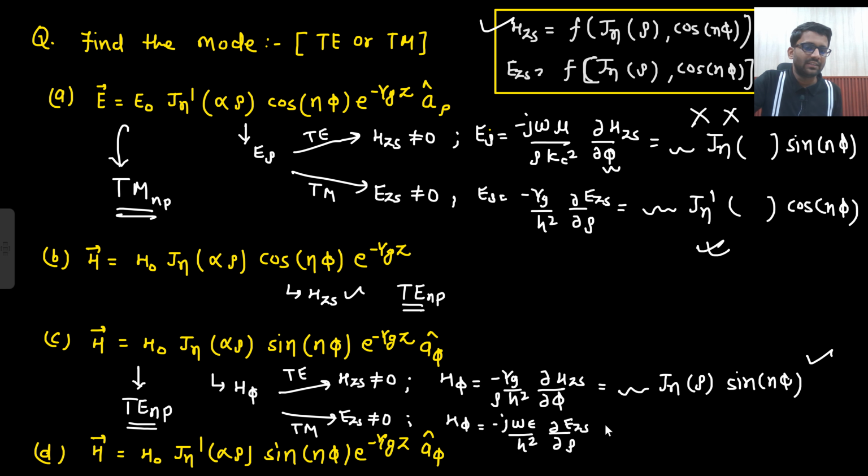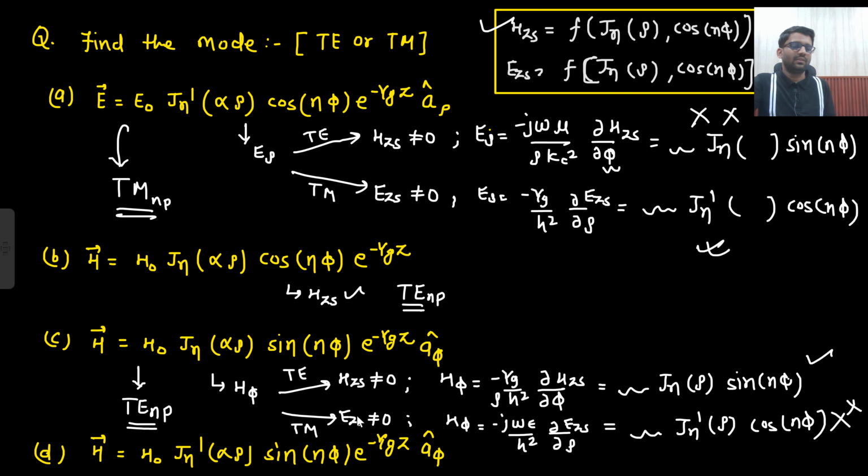So Ez is differentiated with respect to rho. With respect to rho means Jn dash rho cos n phi would be there. So this is not possible. So this is the answer.